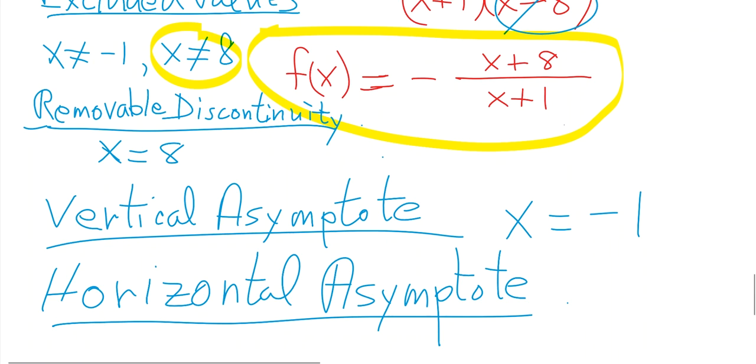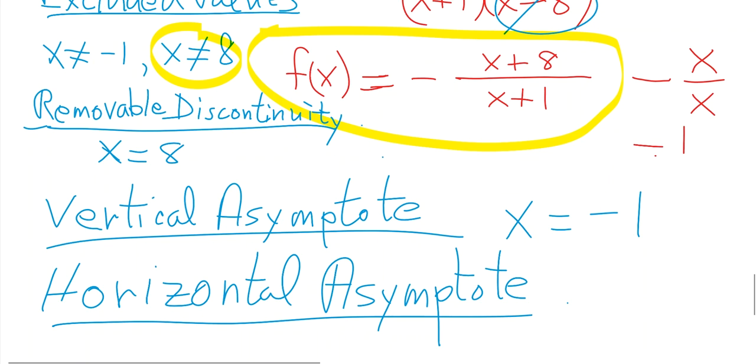So essentially, as x becomes very big, this thing begins to look more like minus x divided by x, which is just equal to minus 1.